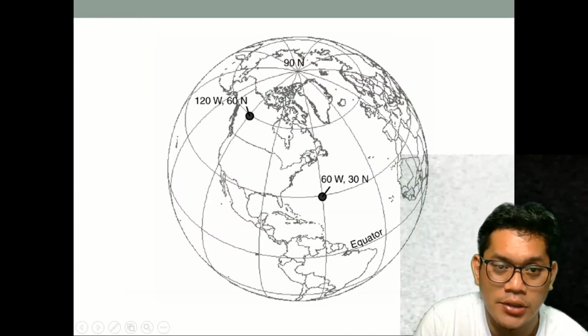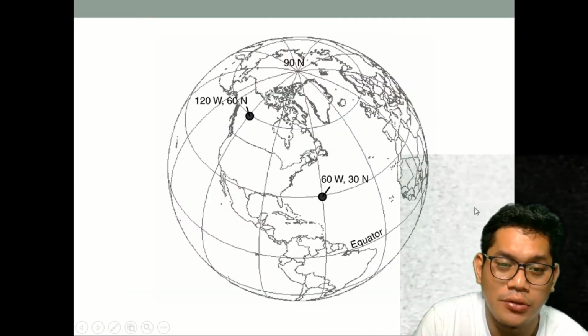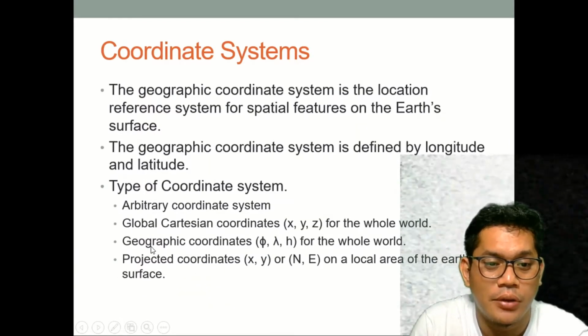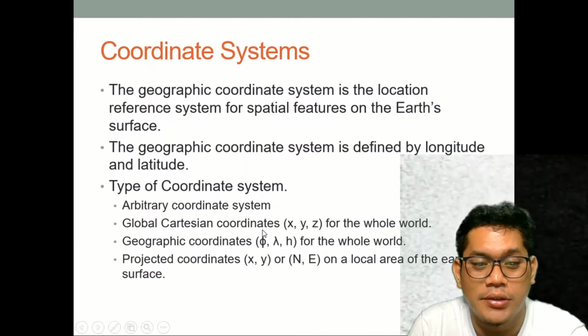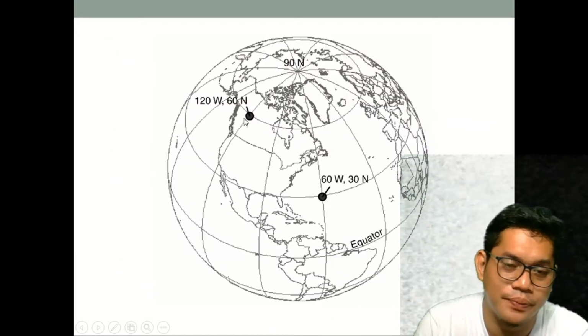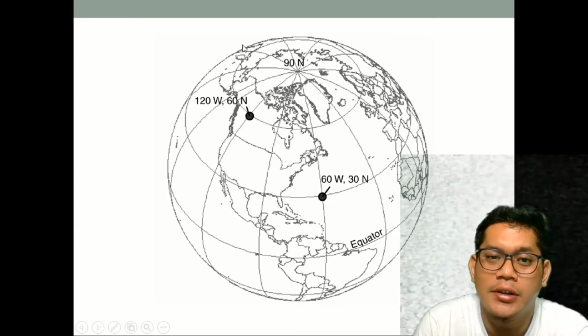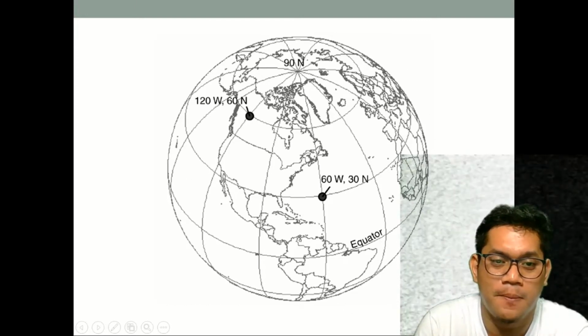However, the one that we use is what we call the geographic coordinate system. This is where we try to represent our world as a perfect round sphere.